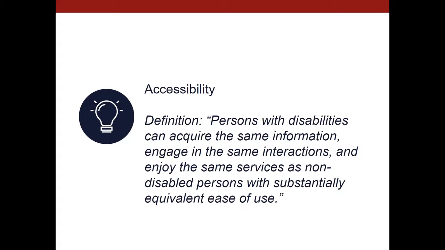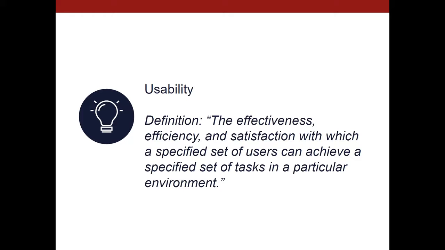One of the reasons we really like this definition is right at the very end, where it says substantially equivalent ease of use. Many retrofitted accessibility solutions fall short of this. They don't provide that substantially equivalent ease of use.